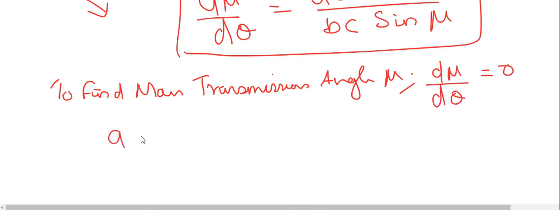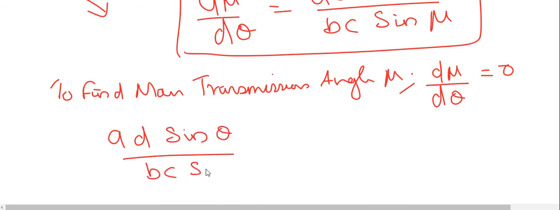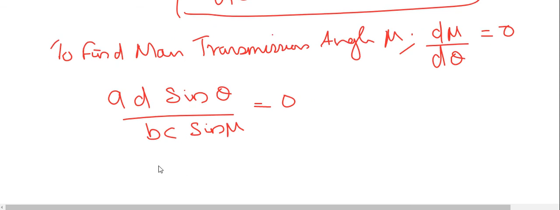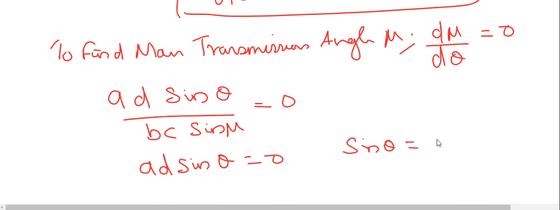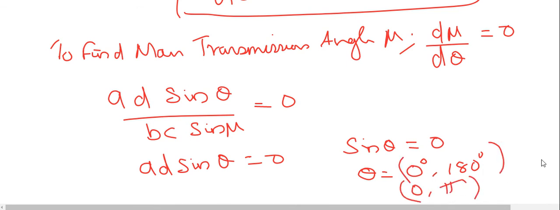So ad sin theta divided by bc sin mu is equal to 0, or simply ad sin theta is equal to 0, or sin theta is equal to 0. So when is sin theta equal to 0? Sin theta is 0 at 0 degree and 180 degree, or 0 radian and pi radian. So these are the conditions for maximum.